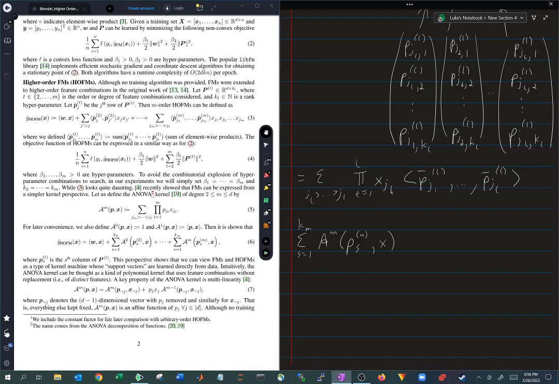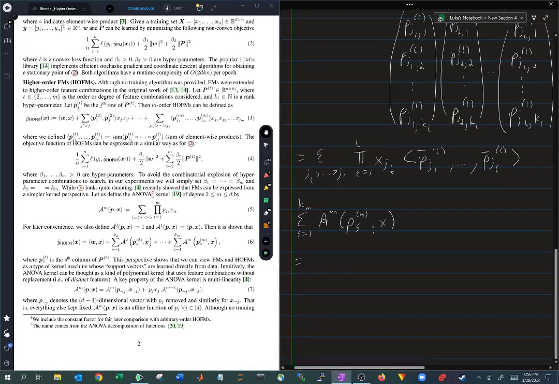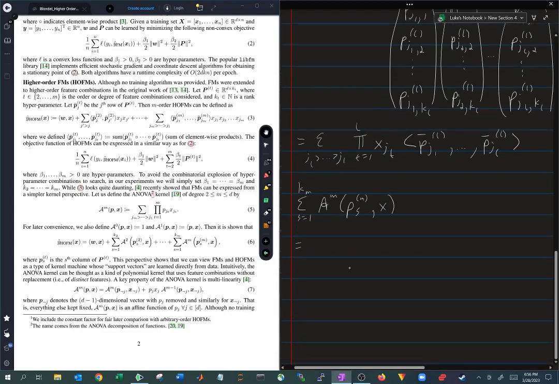Okay, so we have this thing that we want to evaluate. So let's just use the definition. This is equal to the sum from s equals 1 all the way up to k sub m. Let's do it on a new line just in case. I think I'll have enough room, but it doesn't hurt to be safe.